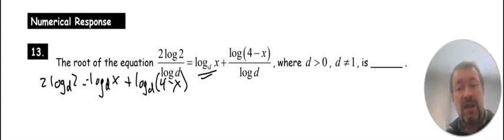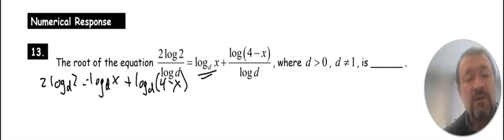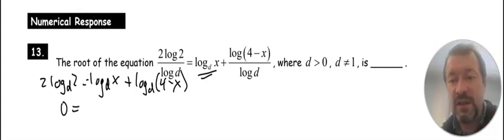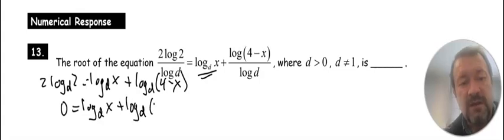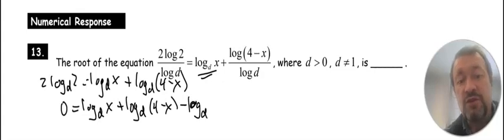And even at this point, there's a couple of different ways that we can go about doing this. One of the things that I've gotten into the habit of doing, at the advice of a colleague of mine, is I'm going to bring all of the logs over to one side. So this is the log base d of x plus the log base d of 4 minus x minus what's going to eventually be the log base d of 2 squared, or 4.